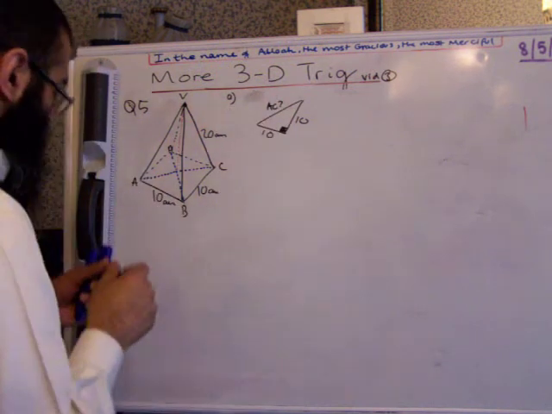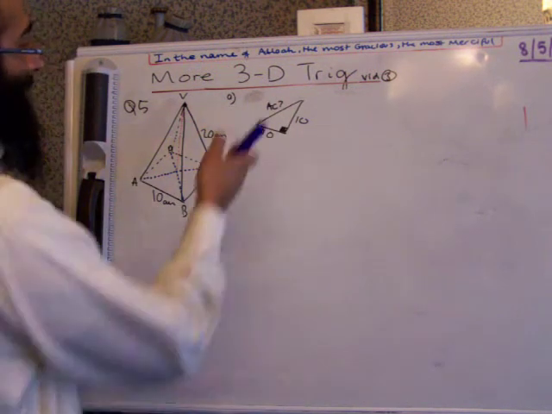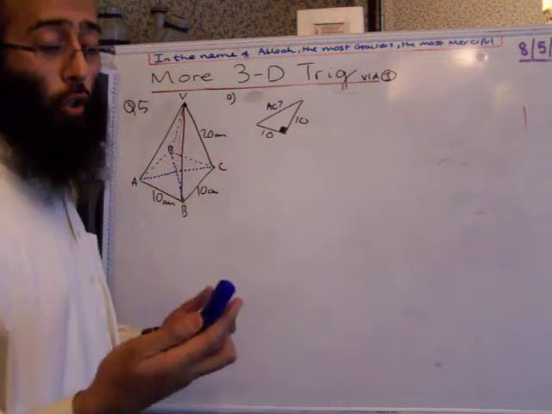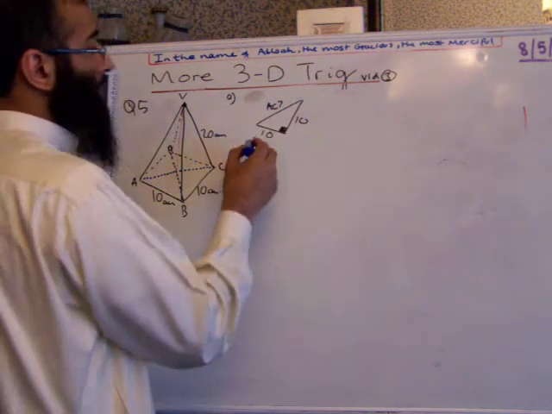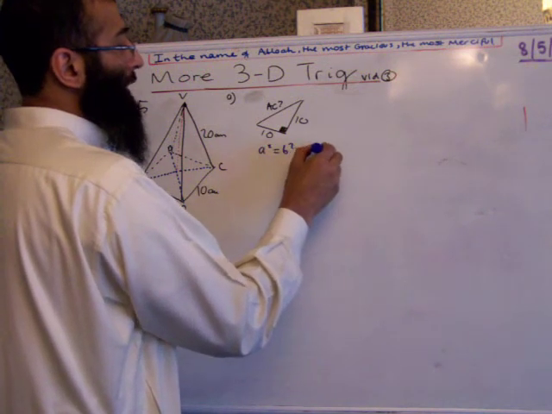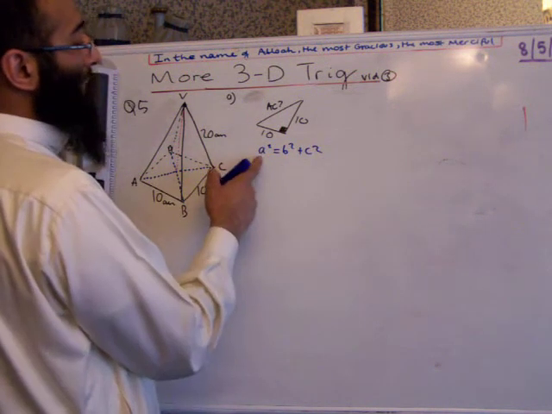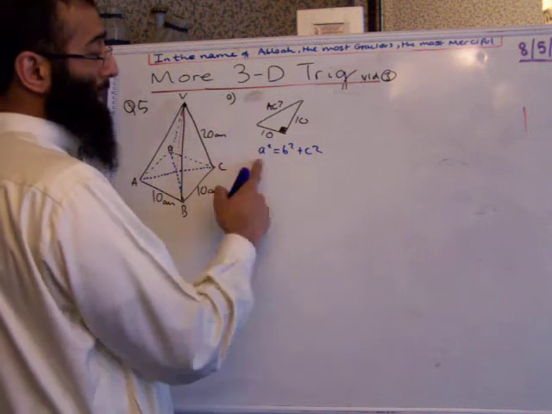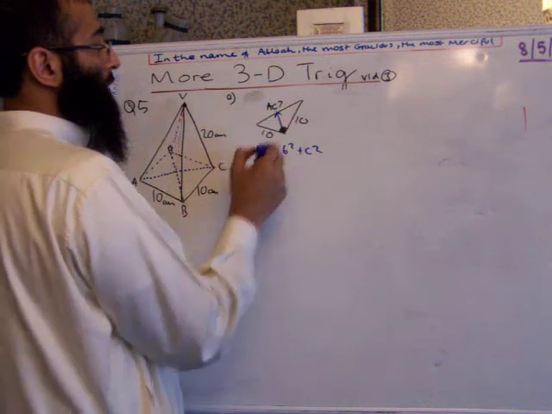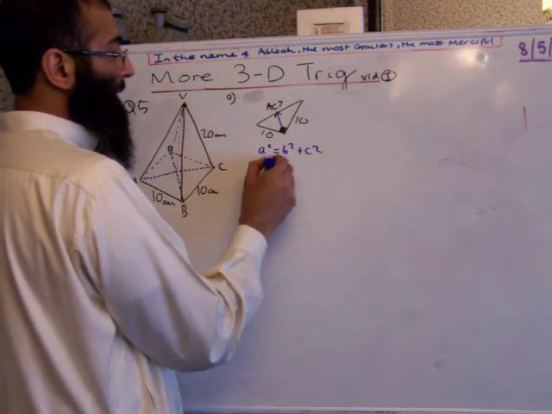Now as we mentioned before, when the question involves right angle triangles and we've got to work out the hypotenuse, we've got to use Pythagoras theorem. Pythagoras theorem, a squared is equal to b squared plus c squared, is one variation, where a is always the hypotenuse. So the hypotenuse here is AC.